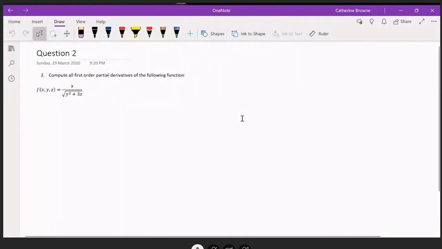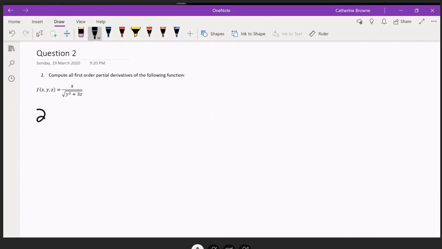Okay, for question 2, I'm just going to look at just one function rather than 3, but I'm going to complete all first order partial derivatives of this function. So first we've got a function of x, y, z, and first I'm going to look for the partial derivative with respect to x.